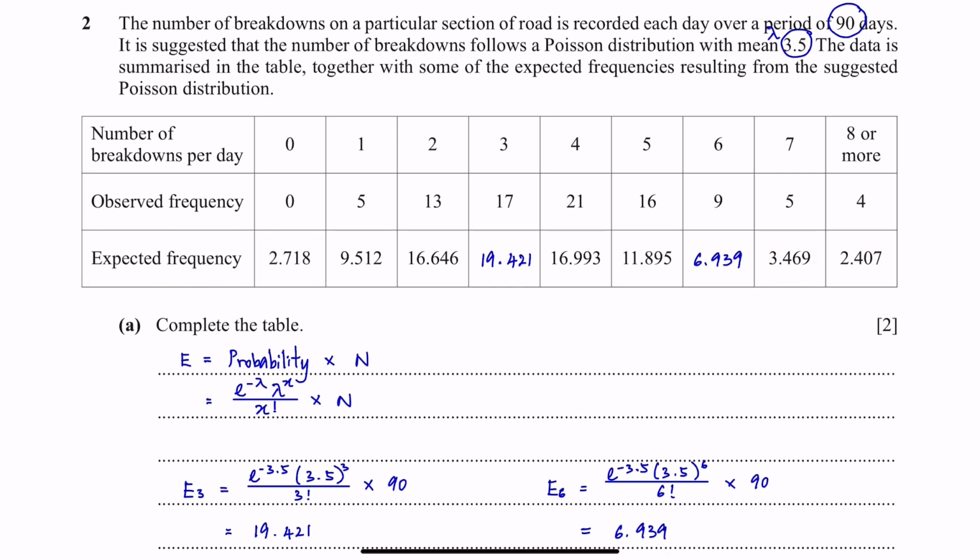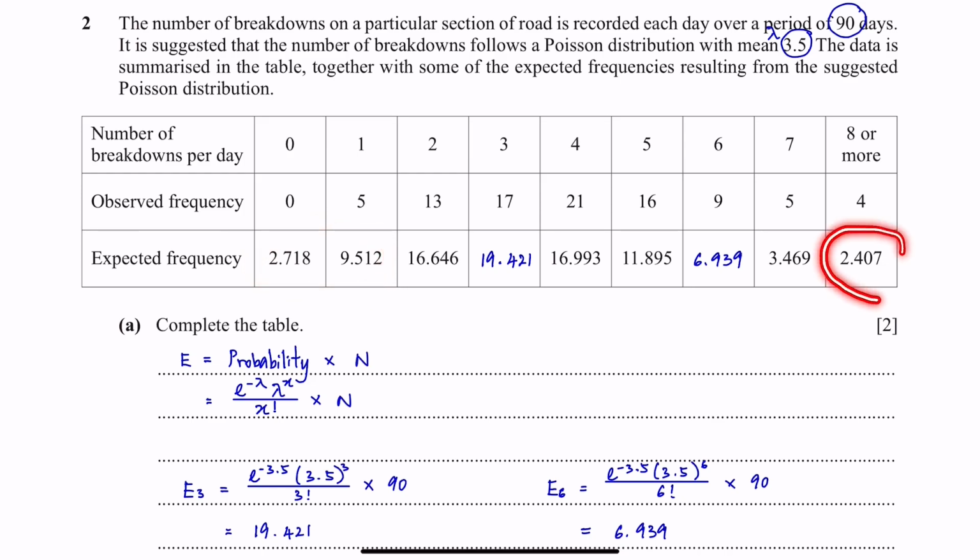So let's say for x equals 0, our E value is 2.718, which is definitely less than 5. So we need to combine this value with this together. So after combining them, this will be more than 5, so we are good to go.